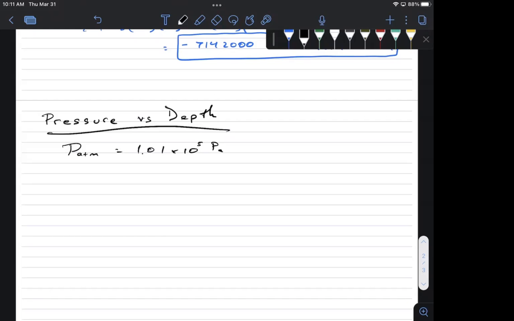And so this brings to mind something quite important. The fact that everything on Earth feels atmospheric pressure all the time generally means we could just ignore the atmospheric pressure. Whenever we deal with something in the real world, we're always talking about how does the pressure change.